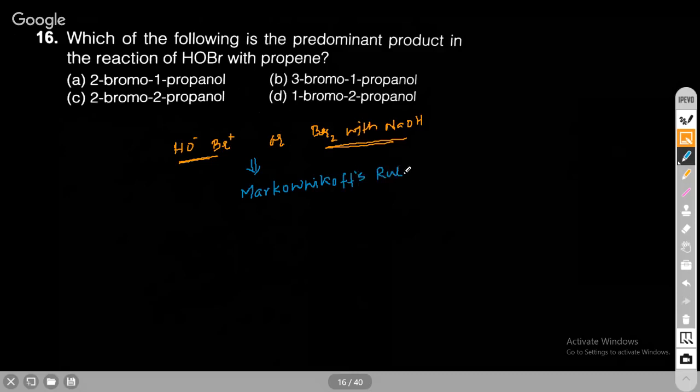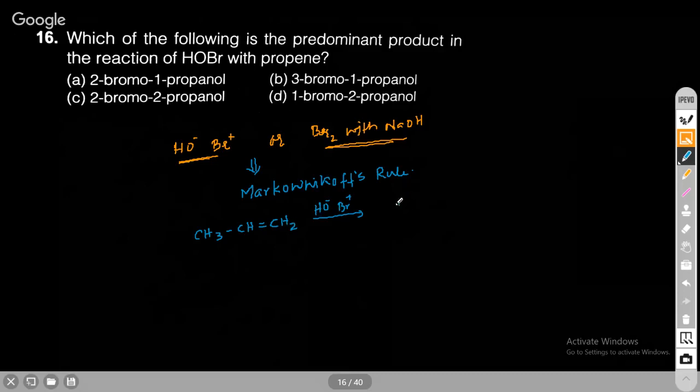Now you see propene is CH3, CH double bond CH2 with HOBr, with negative part this, positive part this. According to the Markovnikov rule, the negative part of the reagent attacks the double bonded carbon atom which has lesser number of hydrogen. So OH minus will attack over here and Br will attach over here.